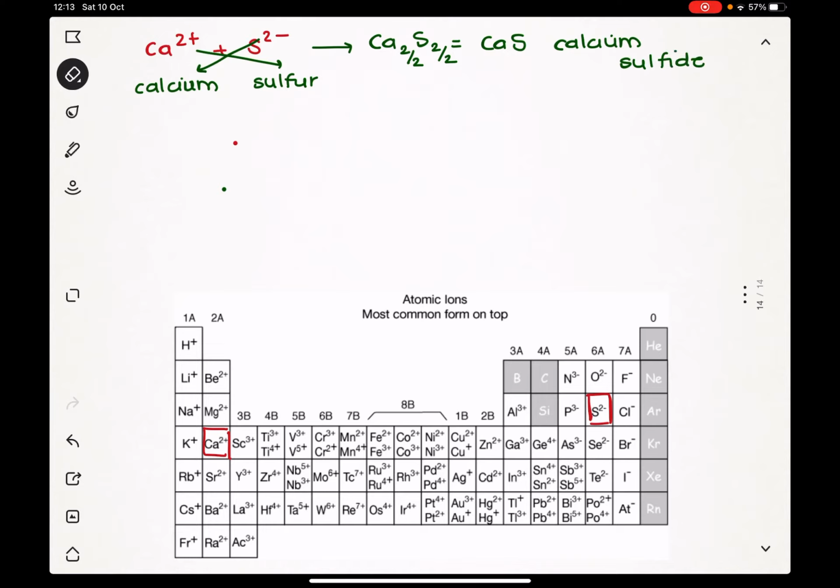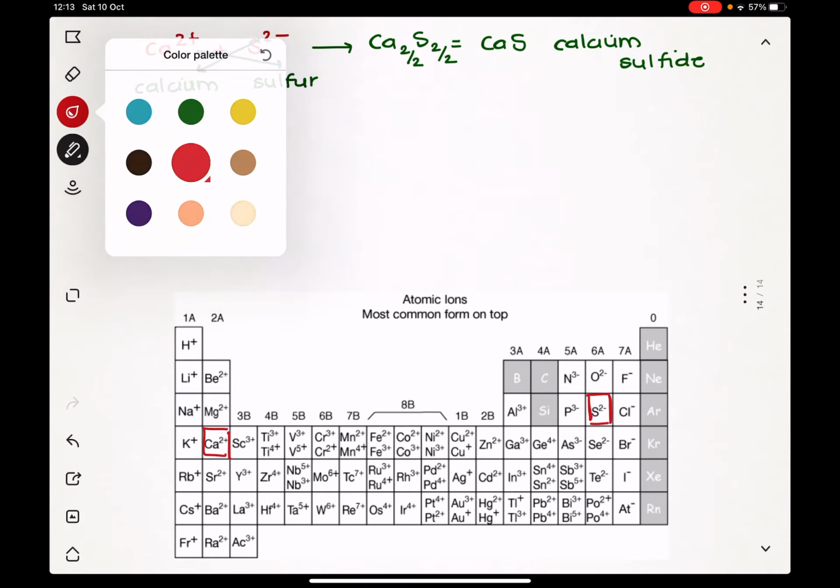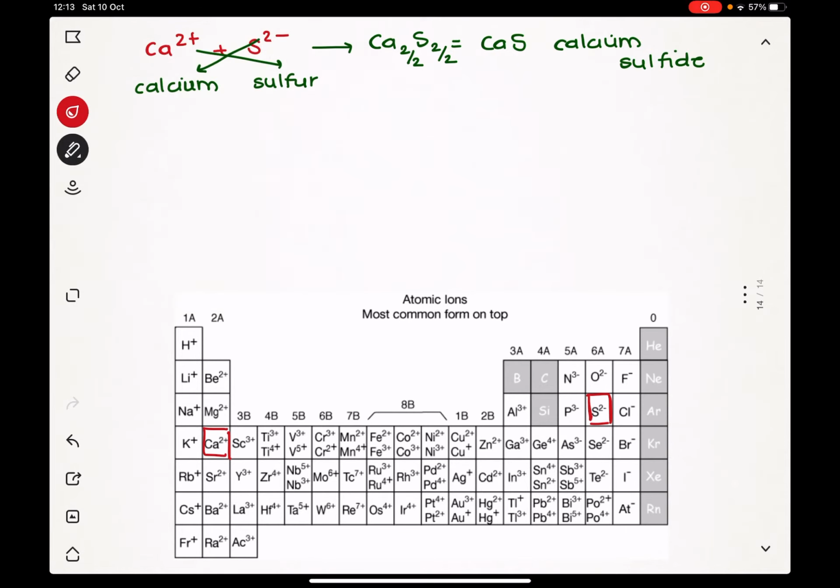So in these two examples that I did, the metals were in groups A. I'll choose now a metal that has a variable charge. So let me choose nickel and let me combine it with bromine, right? What nickel will I choose? I'll choose the first one. So I choose nickel 2 plus and bromine, which is -1.